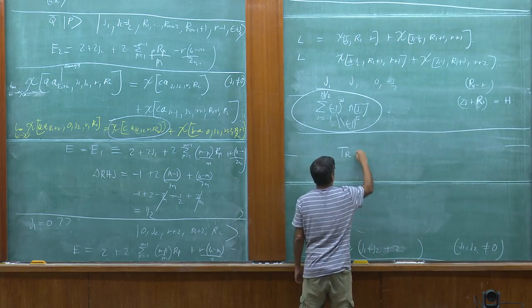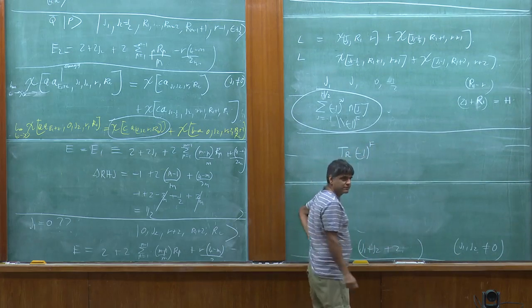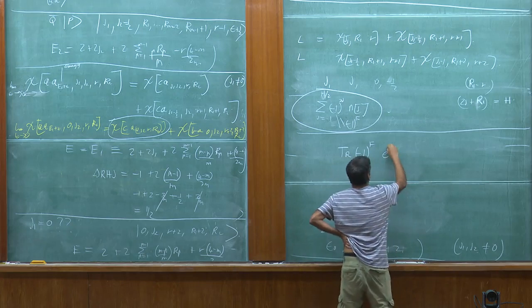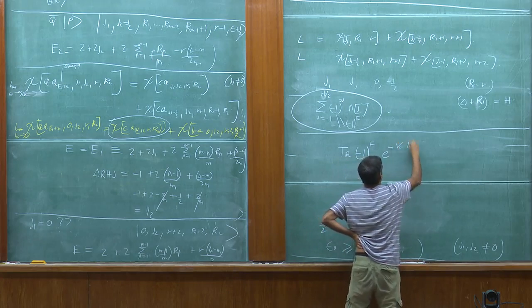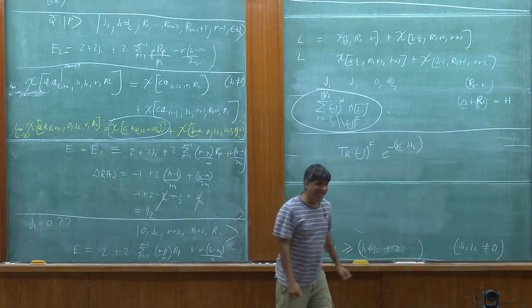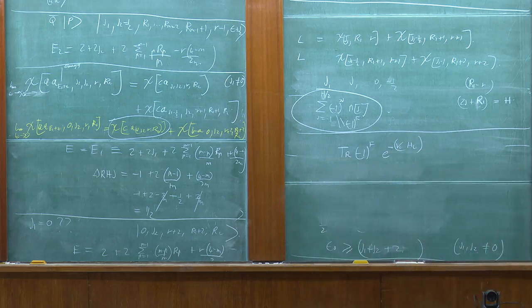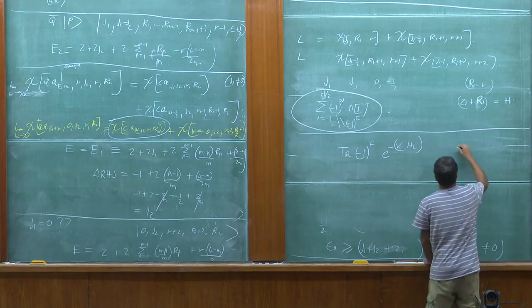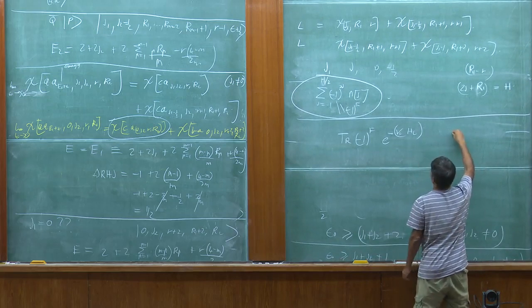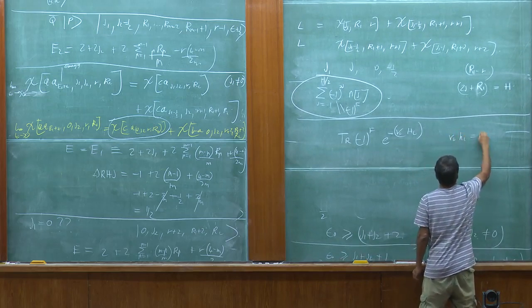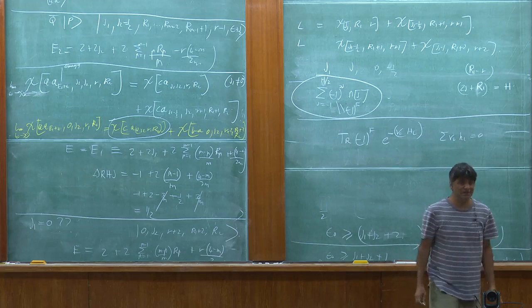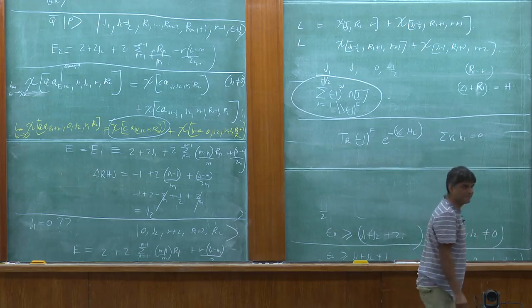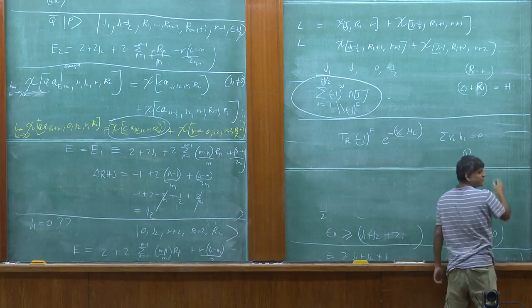Consider the trace of (-1)^F times e to the power minus gamma_i h_i, where the h_i's are any of the Cartan charges of the superconformal algebra, but the gamma_i's are chosen so that gamma_i h_i equals 0, where the h_i's are the charges of a particular supercharge, which we will choose in some fashion.